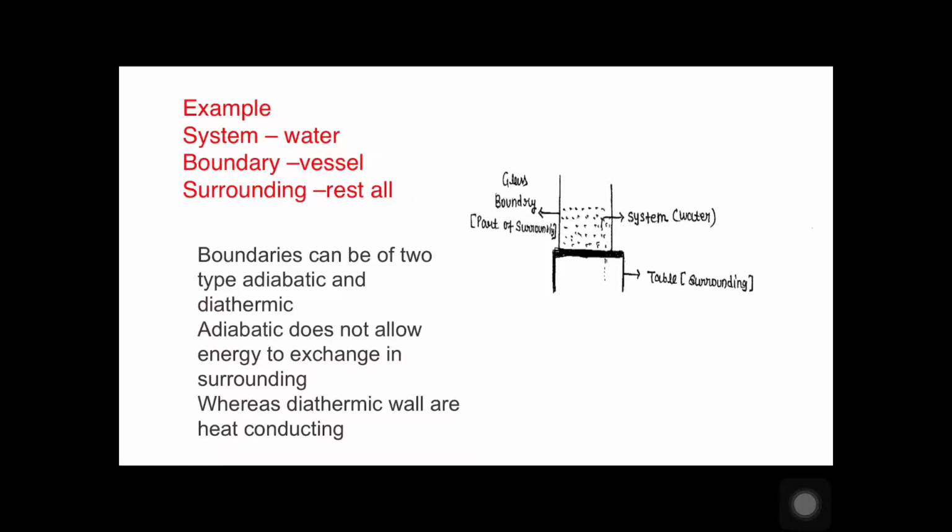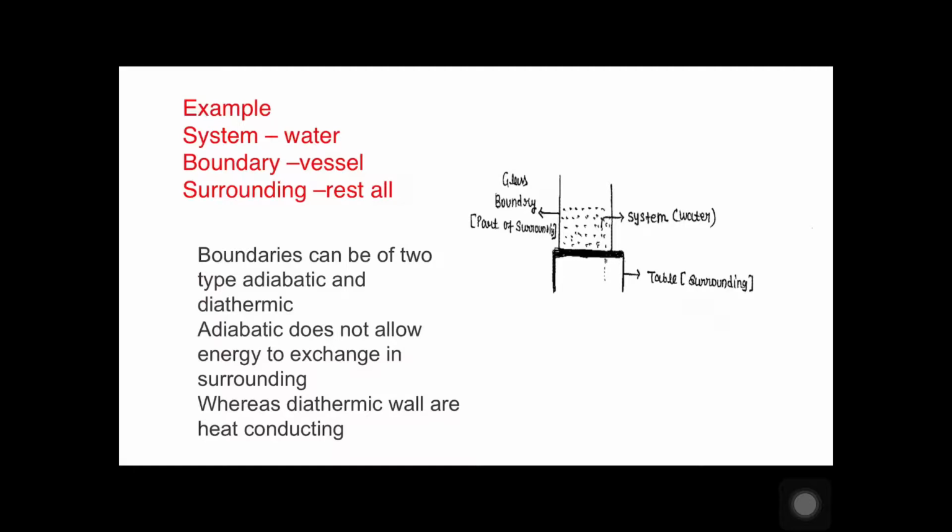What we are observing here is that the system is exchanging heat as well as matter with the surrounding. Such a system is called an open system. Here the matter is steam.